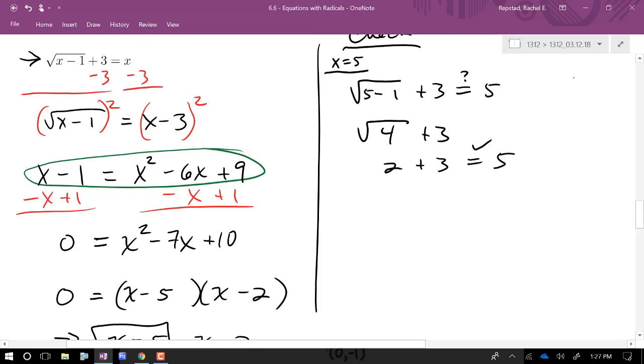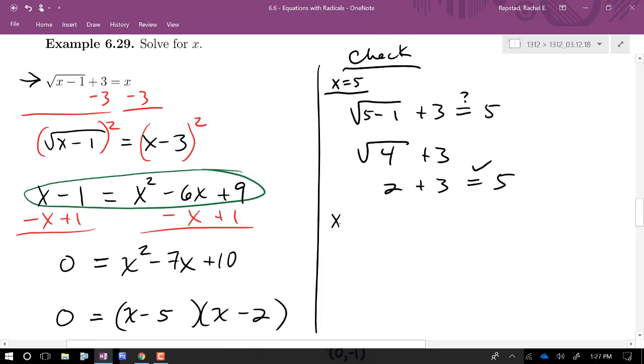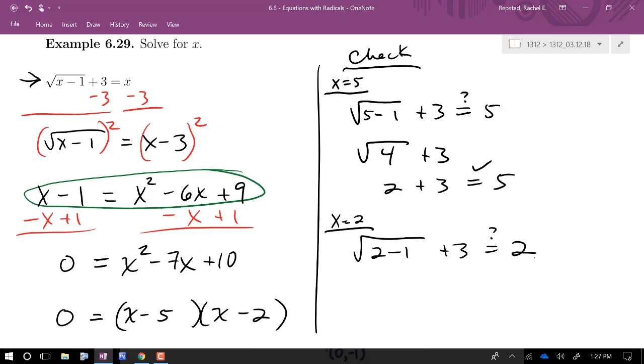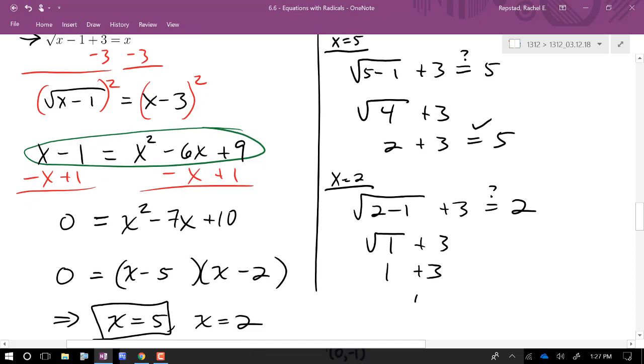So now the other one to check is x equals 2. I want to see if the square root of 2 minus 1 plus 3 is equal to 2. The square root of 2 minus 1 is just the square root of 1, which is 1, plus 3, which is 4.